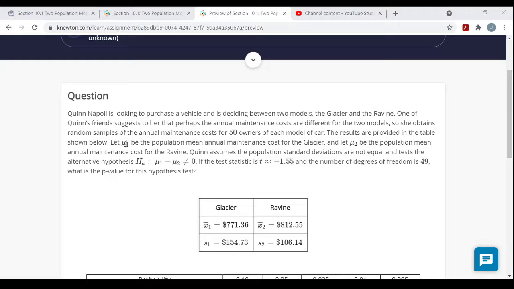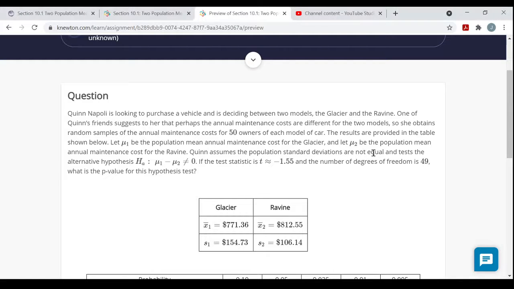Let mu1 be the population mean annual maintenance cost for the Glacier, and let mu2 be the population mean annual maintenance cost for the Ravine. Quinn assumes the population standard deviations are not equal.